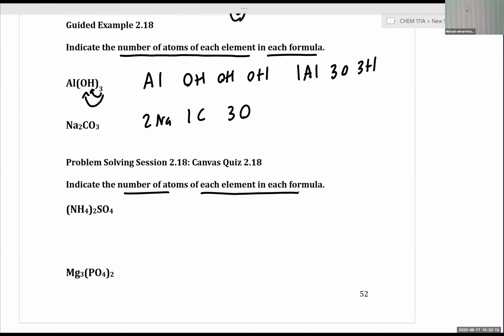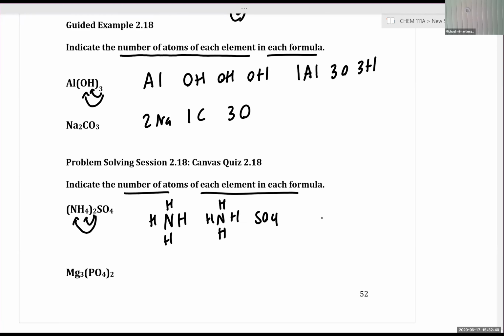Okay, I see a lot of reasonable responses already, but I'm going to have to ask everyone in the chat for some help. So I'm going to apply my subscript to everything in the parentheses. So I have 2 nitrogen. Oh well, let me draw out my ammoniums. And then we have sulfate.